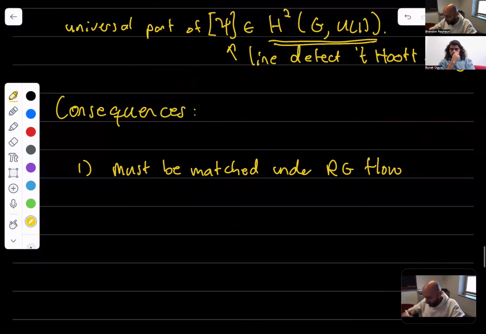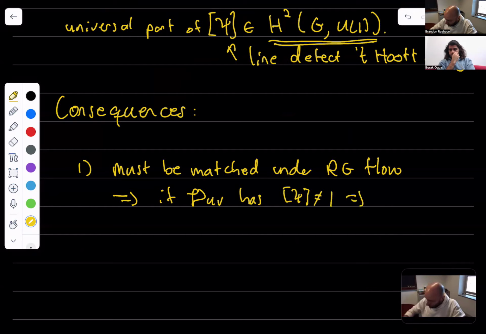So the anomaly must be reproduced in the IR, and in particular, since the trivial line defect does not carry any kind of defect 't Hooft anomaly, this implies that if D_UV has some non-trivial 't Hooft anomaly, then it flows to something non-trivial.